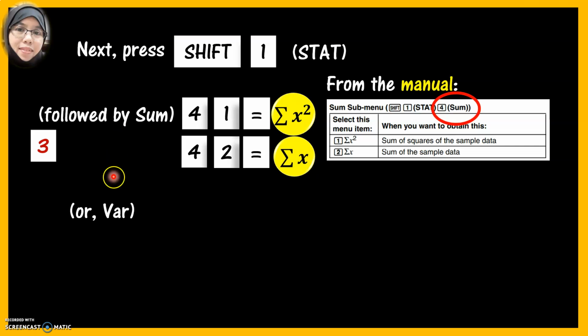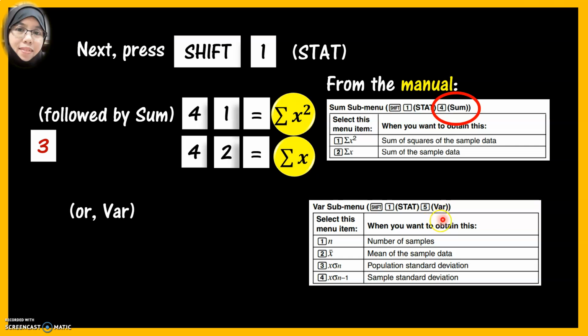Or if you want to find the values of x bar and s, then you choose var submenu. So if you press shift 1 followed by 5, you will see the items under this submenu. So var for finding x bar and s.